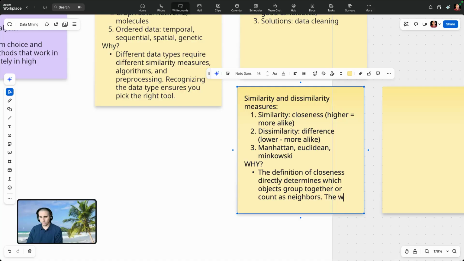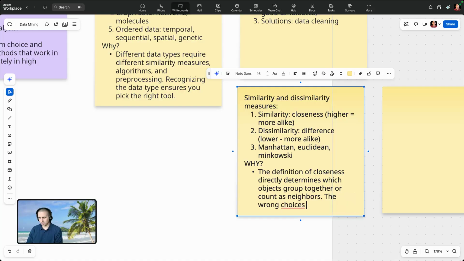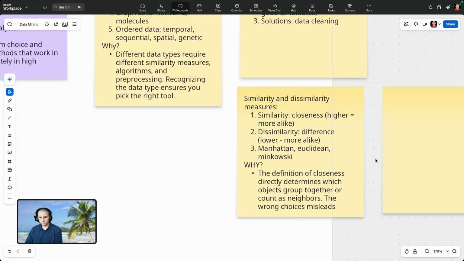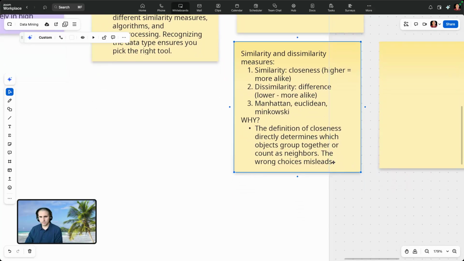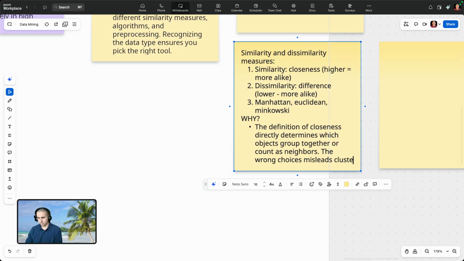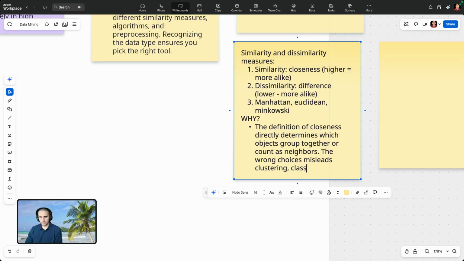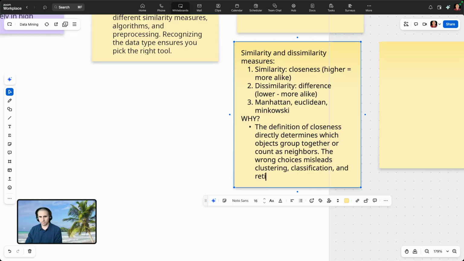The wrong choice misleads clustering, classification, and retrieval. So that's why that is important.